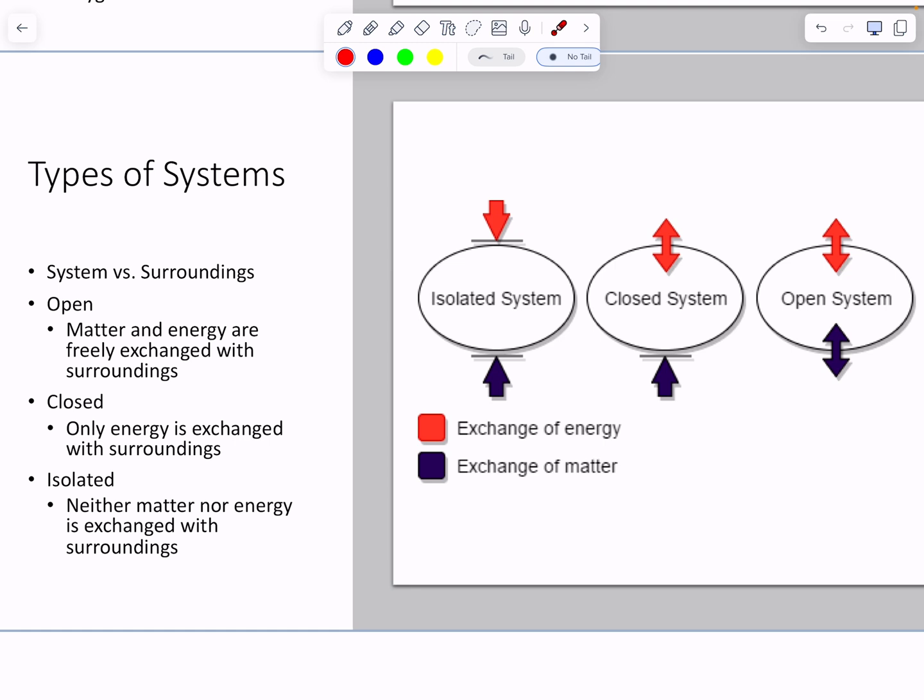And a system just means, what's the region of space you're talking about? Are you talking about the room, or the building? And then the surroundings is everything that's not included in the system you're talking about. So I can talk about the system of the cell, or I can talk about the system of the organism.